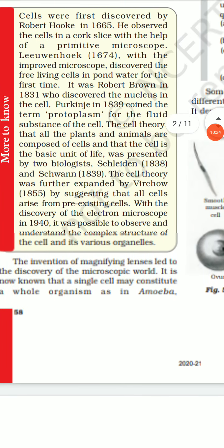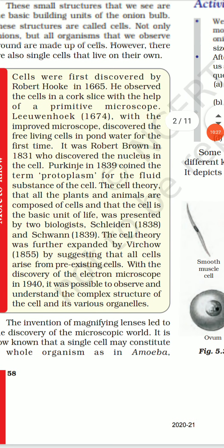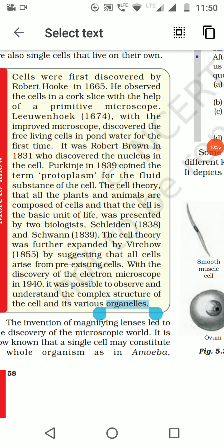Okay, so here it is given: cells were first discovered by Robert Hooke in 1665. He observed the cells in a cork slice with the help of a primitive microscope. Leeuwenhoek, with an improved microscope, discovered free living cells in pond water for the first time. And it was Robert Brown in 1831 who discovered the nucleus in the cell. Purkinje in 1839 coined the term protoplasm for the fluid substance of the cell.